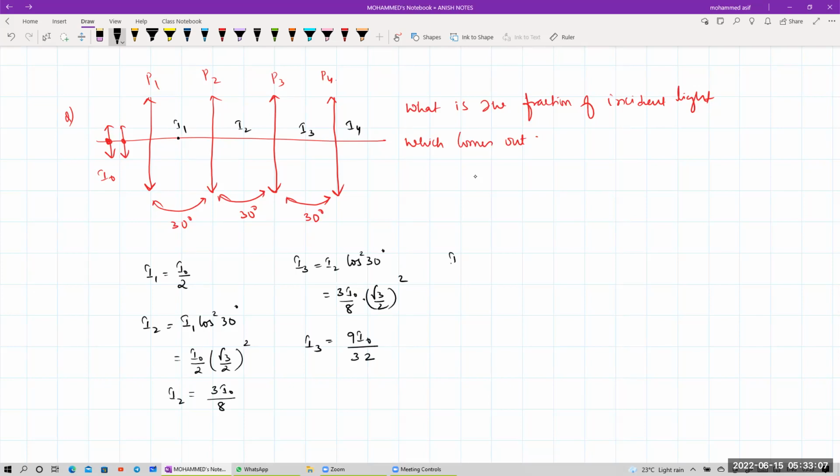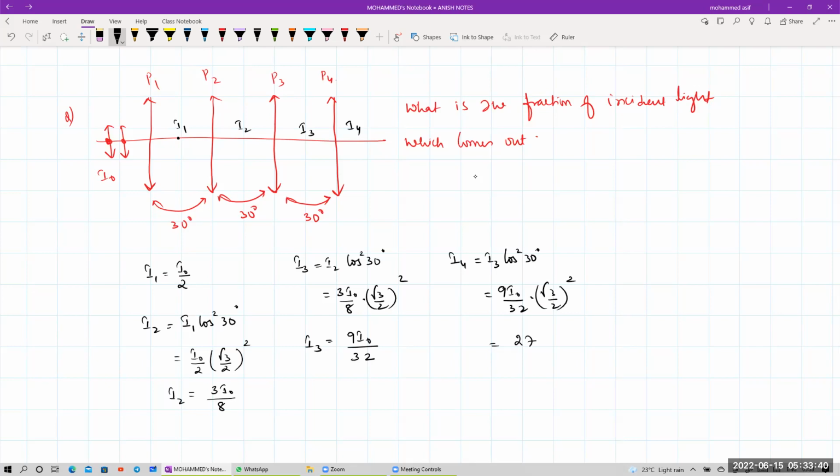Then what will be your I4? I4 will be equal to your I3 into cos square 30 degrees. I3 is 9 times I0 divided by 32, into cos 30, which is again root 3 by 2 whole square. So this will become 81 by 64... 9 3s are 27.